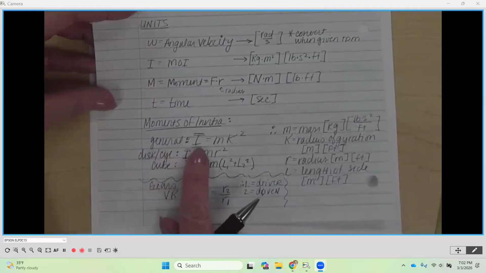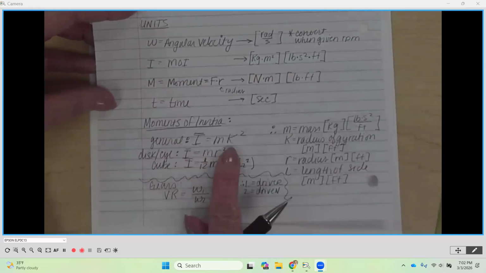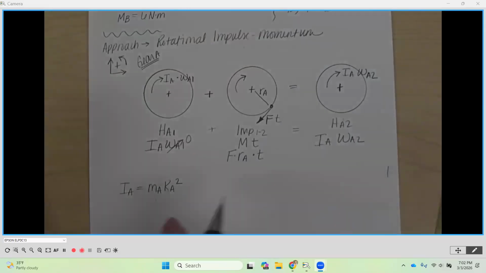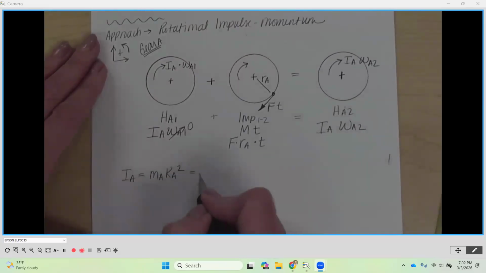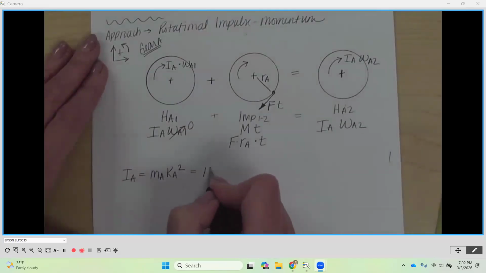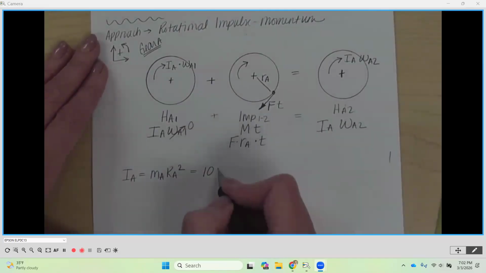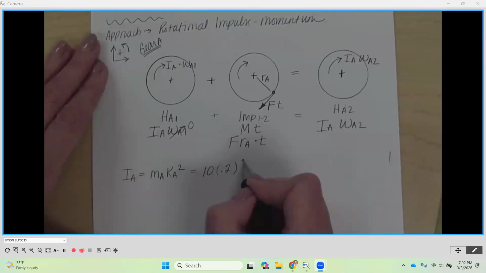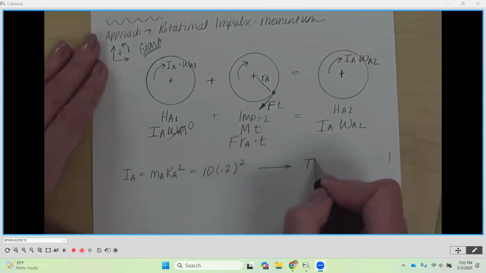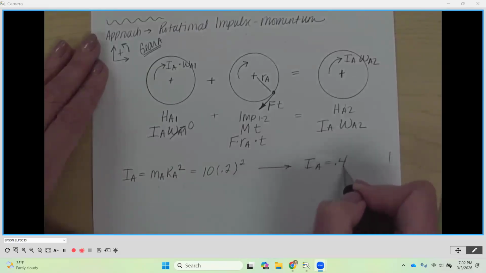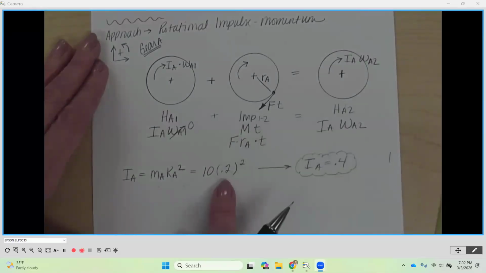The general form is moment of inertia equals mass times the radius of gyration squared. Since it's given to us in that form, that is going to be 10 kilograms for the mass of A times 0.2 meters, and we have to square that value. So our IA is equal to 0.4. Make sure that your radius of gyration is in meters, not in millimeters.